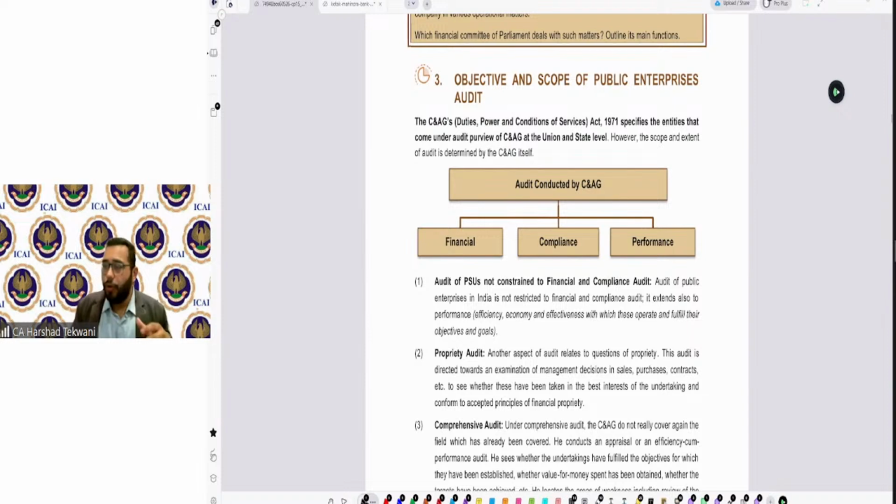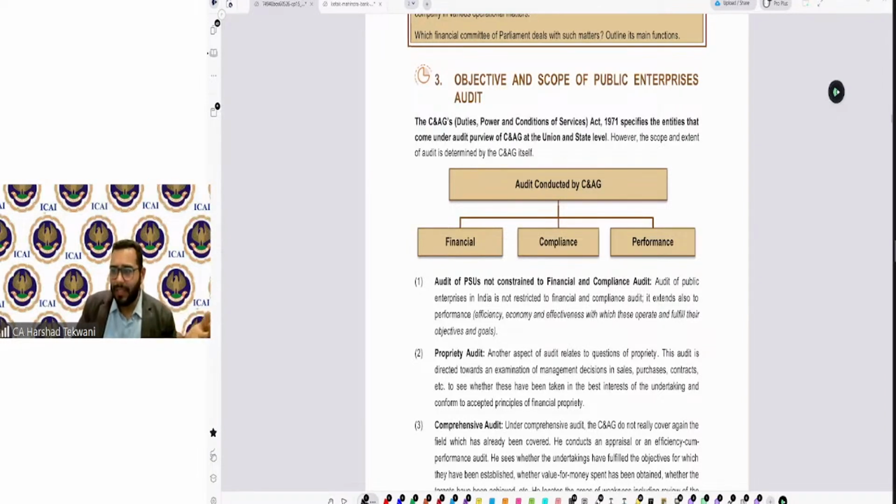So let's say, for example, the CAG has appointed you to conduct a financial audit. Simple one. I'll not take the example of compliance or performance audit for now, but a financial audit. And a financial audit can be of anything.